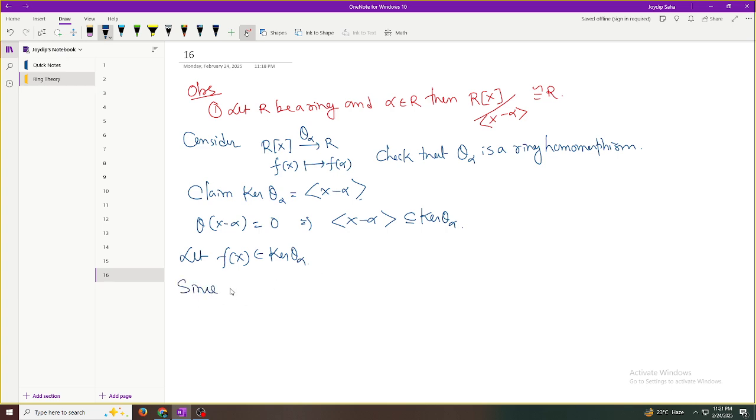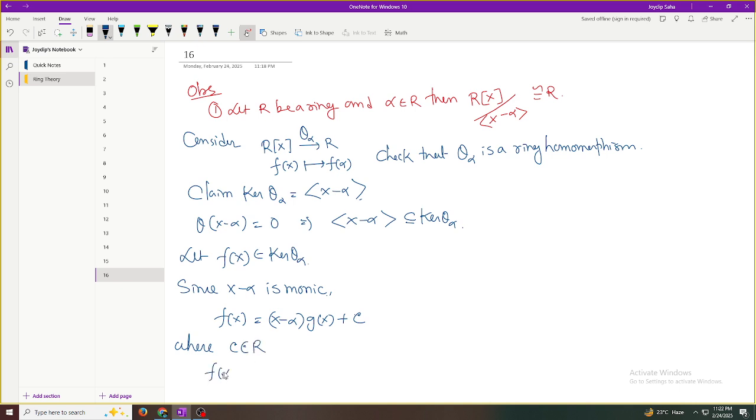Since x minus alpha is monic, monic means the leading coefficient is 1, the coefficient of the leading term is 1, so we can divide. f(x) equals x minus alpha times g(x) plus, this is degree 1, so the remainder is constant, degree 0, some c where c belongs to R.